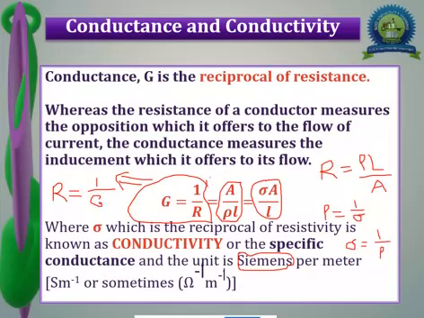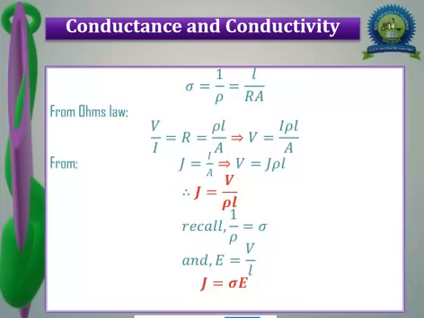You might see the unit of conductivity as per ohm per meter. Remember, the unit of resistivity is ohm meter. So the inverse of it is per ohm per meter. Is that okay? Or the standard unit is Siemens per meter. Okay? So I think this is what I've explained earlier.